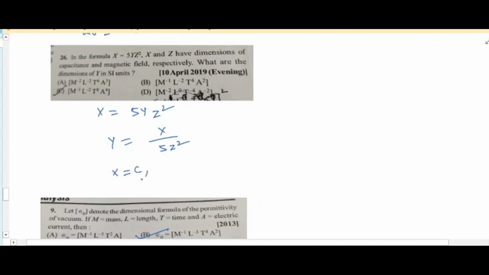X is equal to C and z is equal to magnetic induction B. Therefore, the dimensional formula for x is equal to C. Here C is capacitance, this is Q by V.